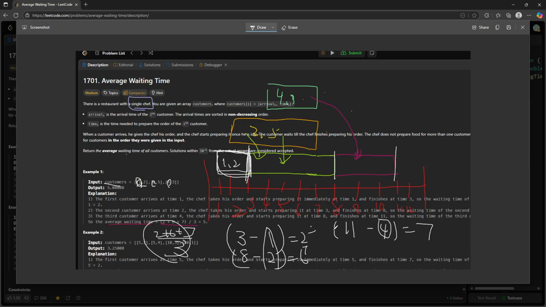And later on you just divide by how many customers.